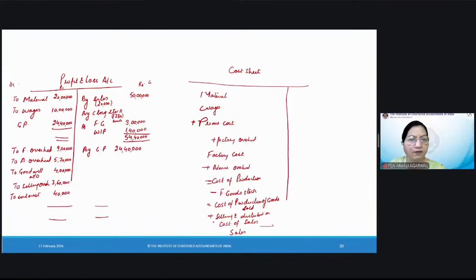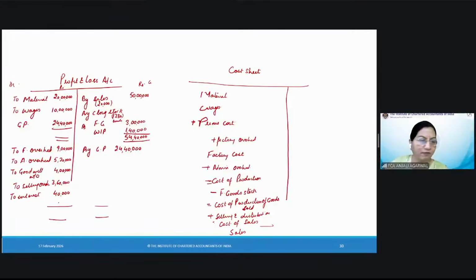From there you subtract 9 lakh of factory overheads, 5 lakh 20,000 of administrative overheads, 4 lakhs of goodwill written off, 3 lakh 60,000 selling and distribution overheads, and 40,000 interest.